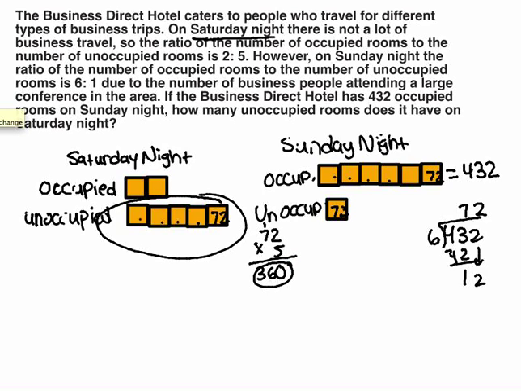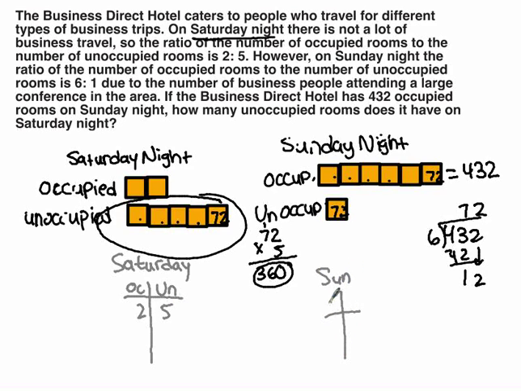So if you do a table, you're going to wind up doing two tables, just like you did over here. You're going to have a section for Saturday, and it's going to be occupied to unoccupied, and it's going to be 2 to 5, and then Sunday will be 6 to 1, and then you'd be moving that side up to 432, so you'd be multiplying by 72, and whatever you're doing to one side, you're going to do to the rest of them.